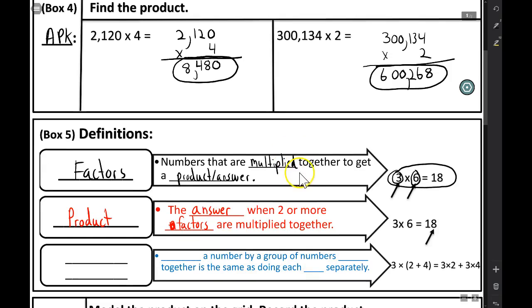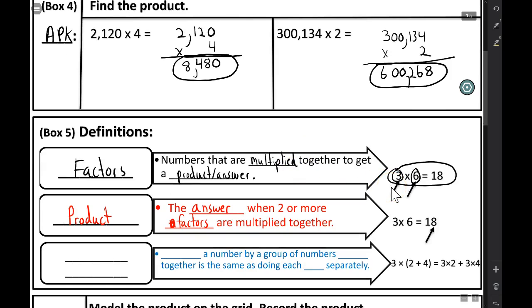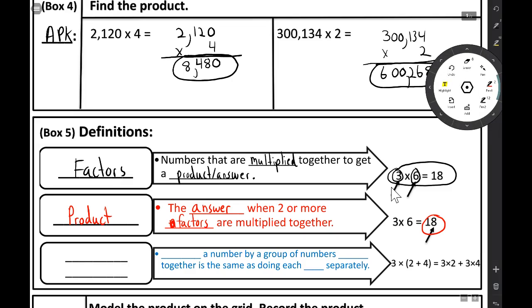And again, factors are just a fancy way of saying numbers in this case. So if I'm looking at the equation 3 times 6 equals 18, my product right here is 18. So the factors 3 times 6 gave us the product, or the answer, of 18 in this particular example, okay?